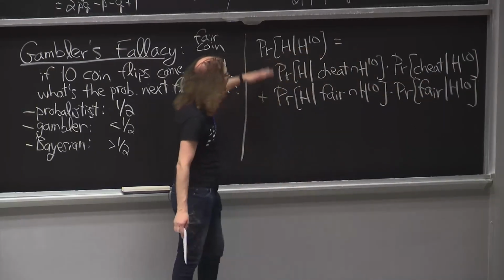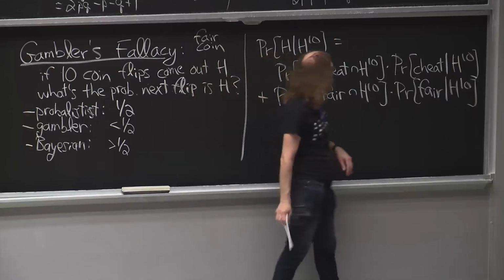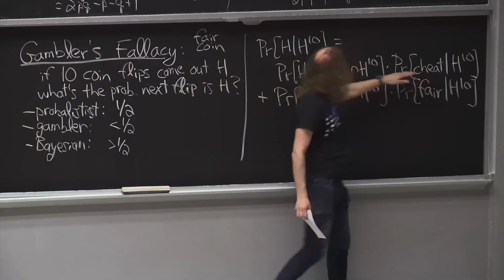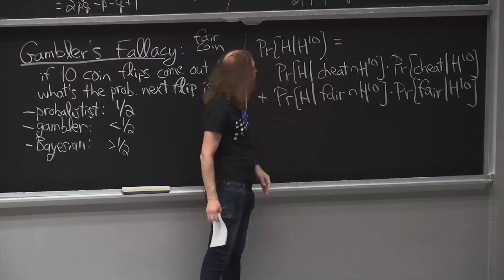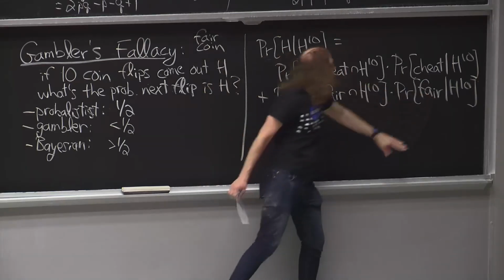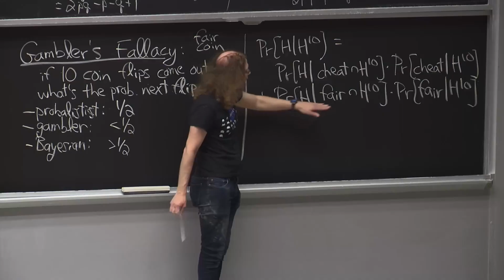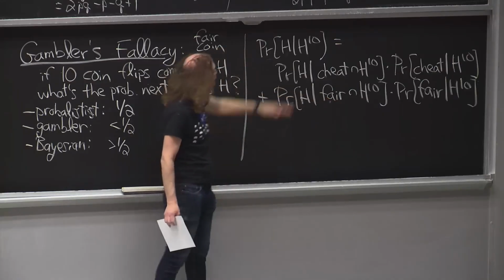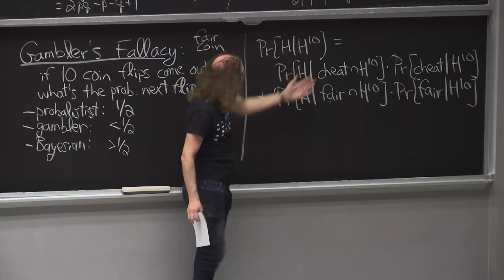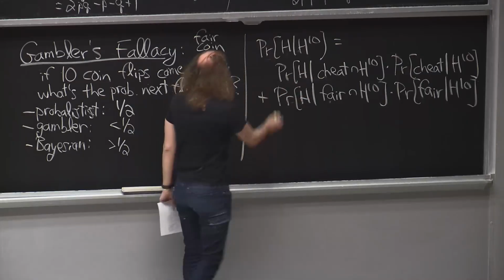So I can split things up according to the law of total probability as the probability of cheat times the same thing conditioned on cheating in addition, or probability of fair times the probability of the same thing conditioning on fair in addition to what I conditioned on before. Everything's conditioned on h to the 10. And we actually know what these are.